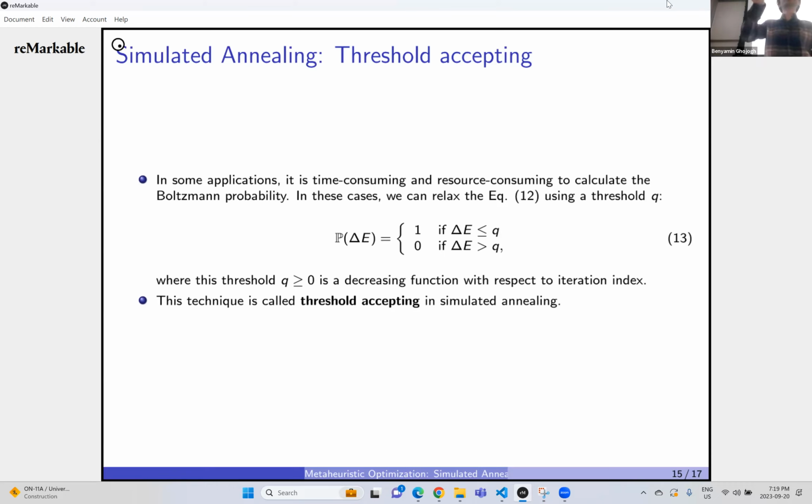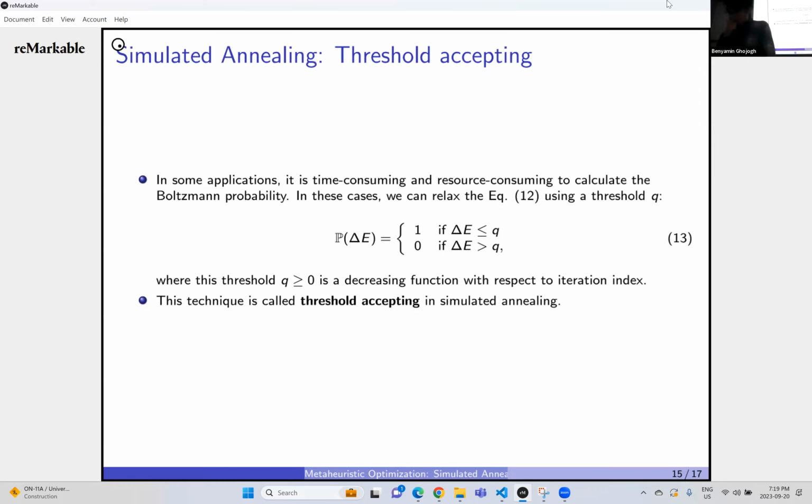For example, your manager says we don't have enough space in our embedded system, or you are optimizing something for NASA, and NASA doesn't have enough time for you, even in milliseconds, to calculate this Boltzmann distribution.